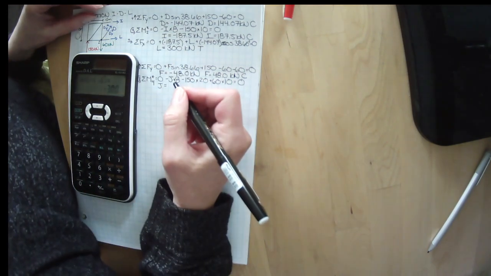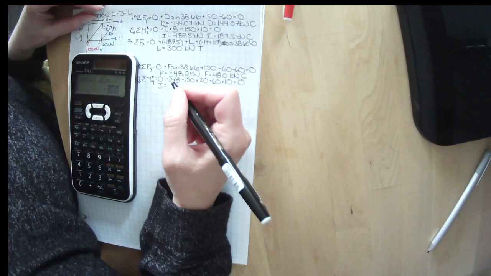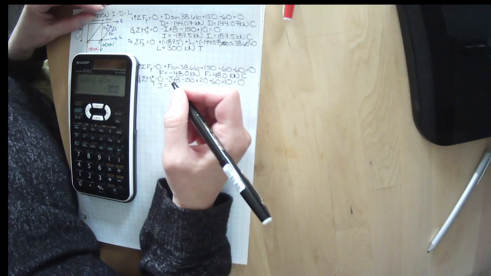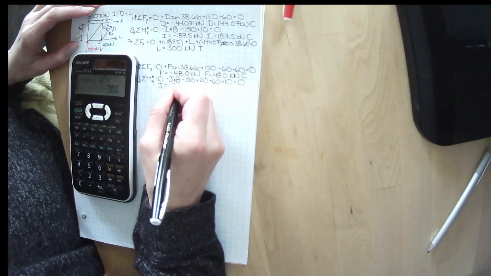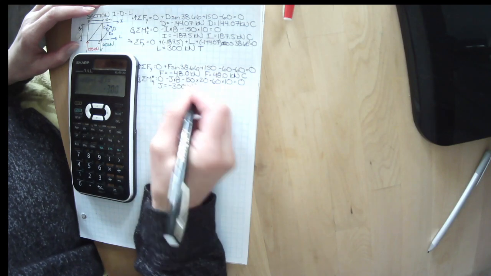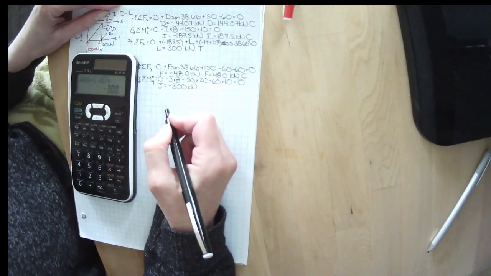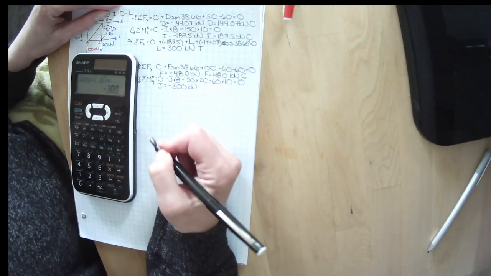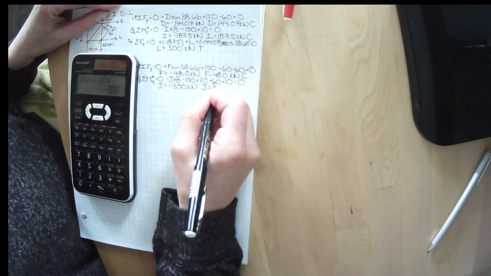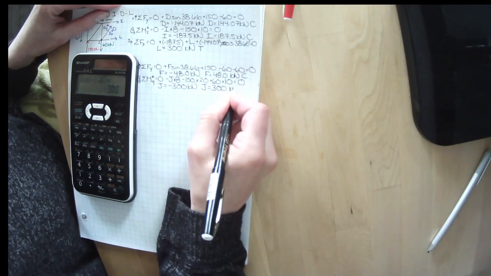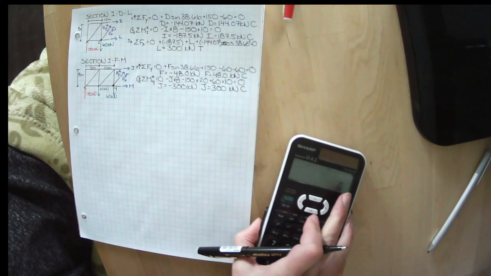We get that J equals minus 300. It's a negative number. That means I assumed wrong. I always assume everything is in tension. So that means J is 300 kilonewtons in compression.